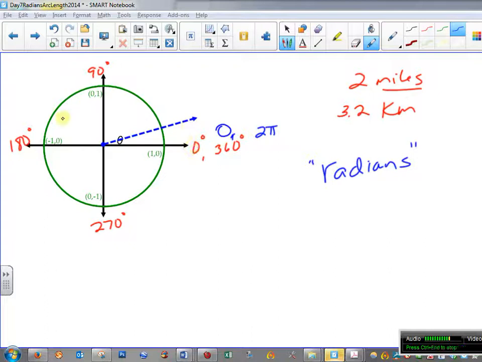If it's 2 pi going all the way around the circle, that means if we've only gone halfway around the circle, we must be at pi. And halfway in between 0 and pi is half of pi, or pi over 2. Halfway in between pi and 2 pi is 1.5 pi, but we don't use fractions like that. We'll call that 3 pi over 2.